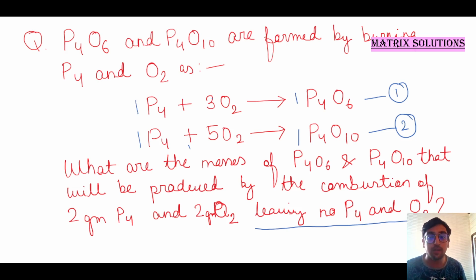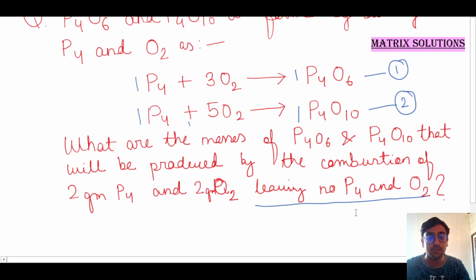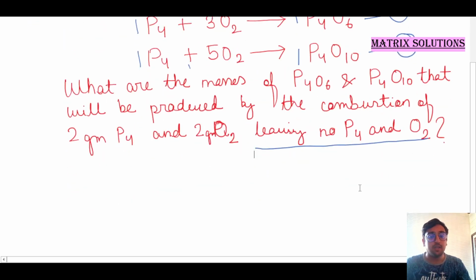So how will we proceed in the question? Let's see. In the first reaction we have got P4 plus 3O2 gives P4O6.